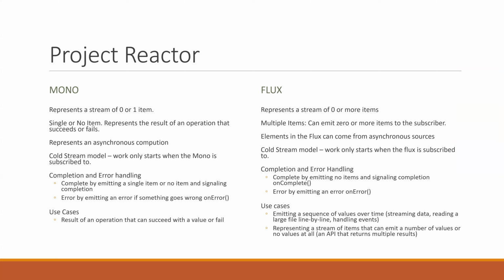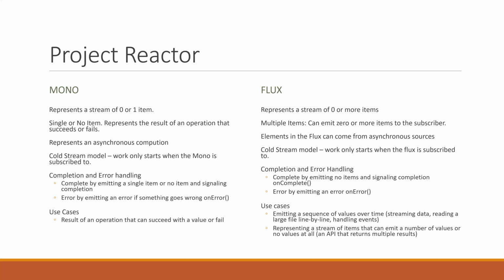It's not going to do anything for you until you subscribe to it. The big difference between mono and flux is an on complete must be sent. In the mono, I can just do an on data. On a flux, an on complete must be sent when I'm done. And then error handling is handled with the on error, just like in mono as well.